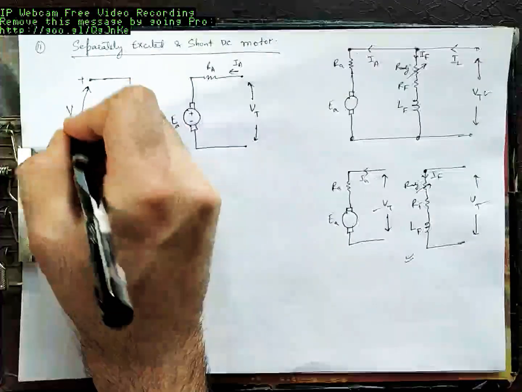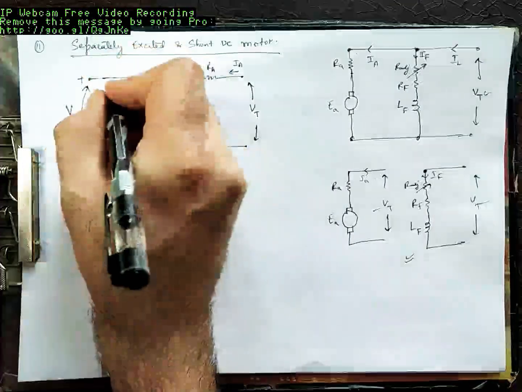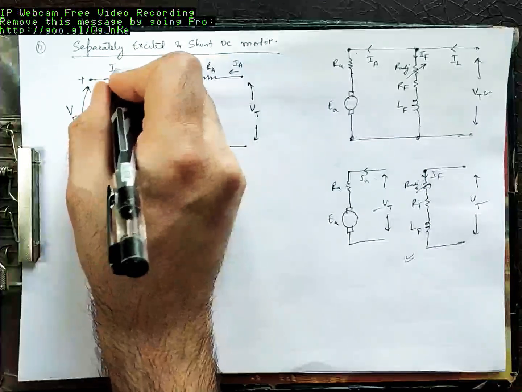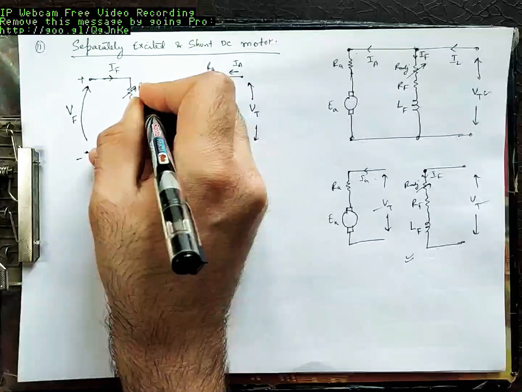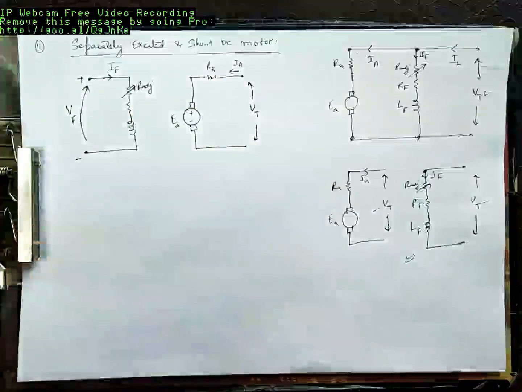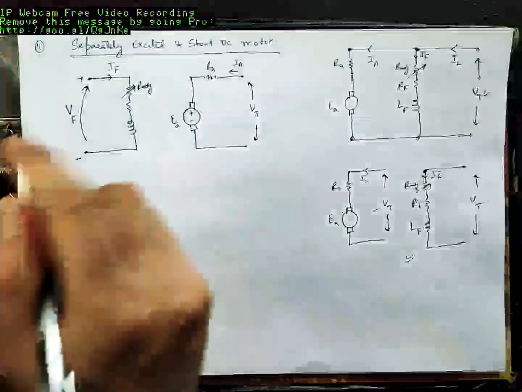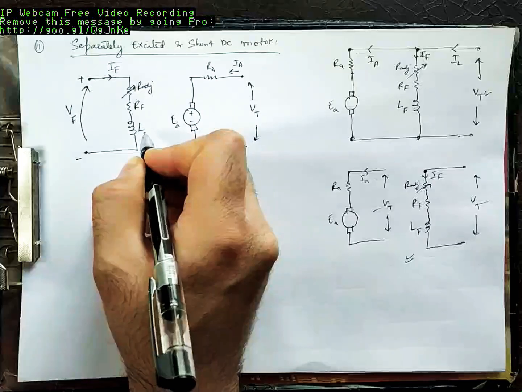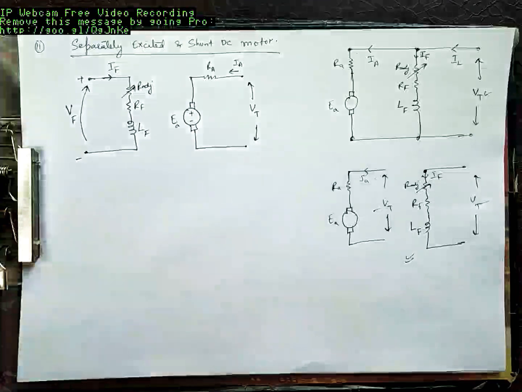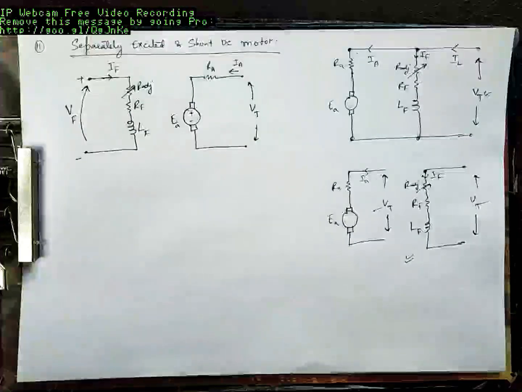Where this is VF, this is IF, this is R adjustable. R adjustable means this is a variable resistor, you can change the resistance here. This is RF, this is LF. Fine.